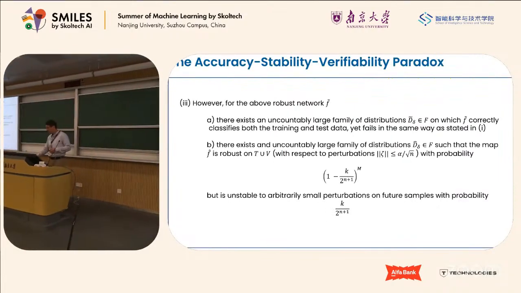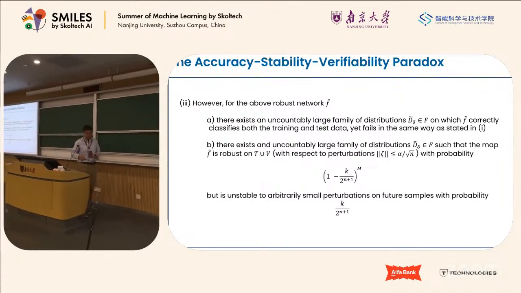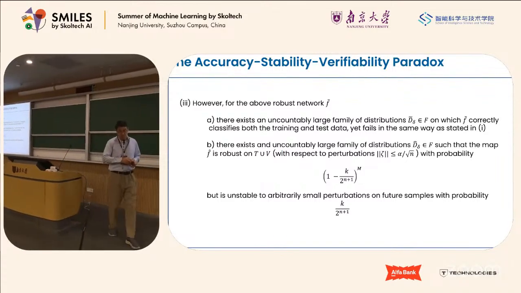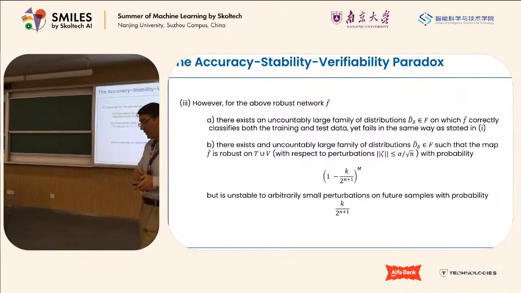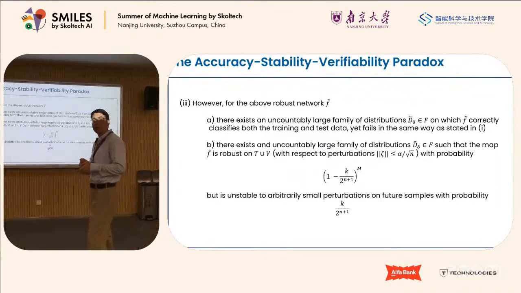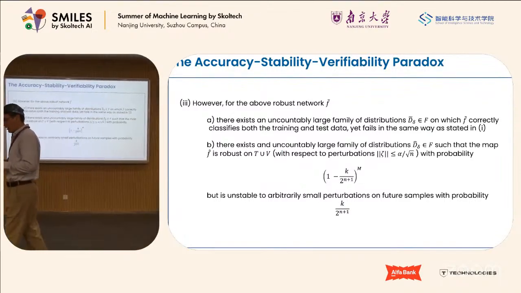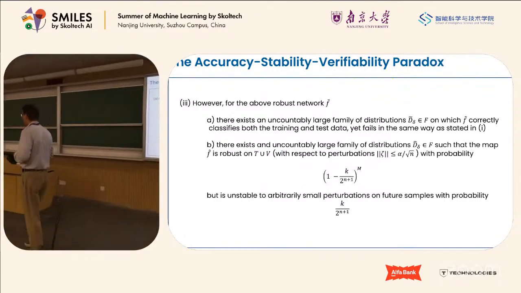Now, however, for the above network, which is robust, there will be another, uncountably large family of distributions for which the network actually loses robustness. And there are some other consequences which are related to dark data.